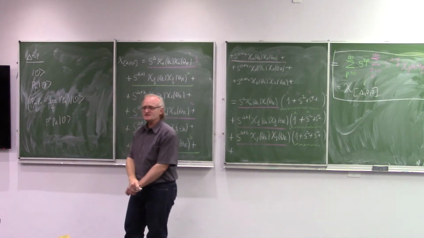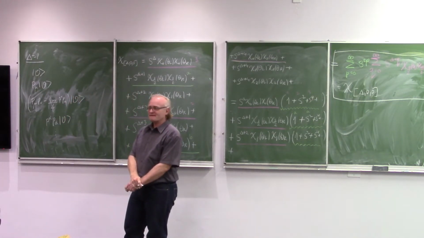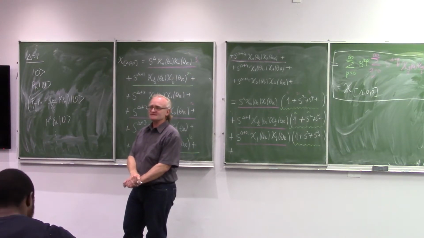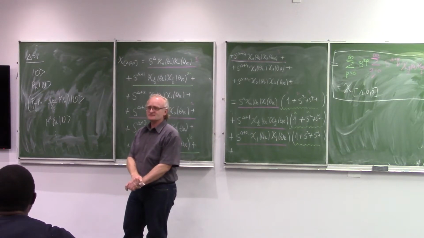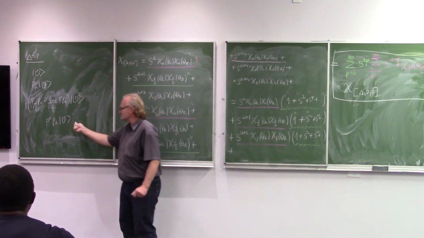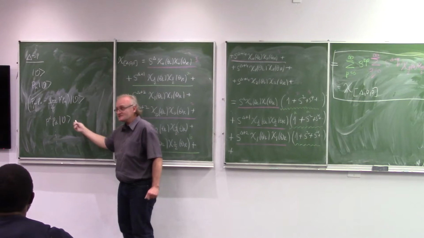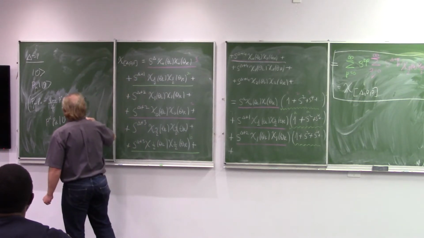Have we made mistakes somewhere? Is there a brave person who wants to make a guess? What did you prove yesterday in the tutorial? That this was a null state. Absolutely. This is a null state.